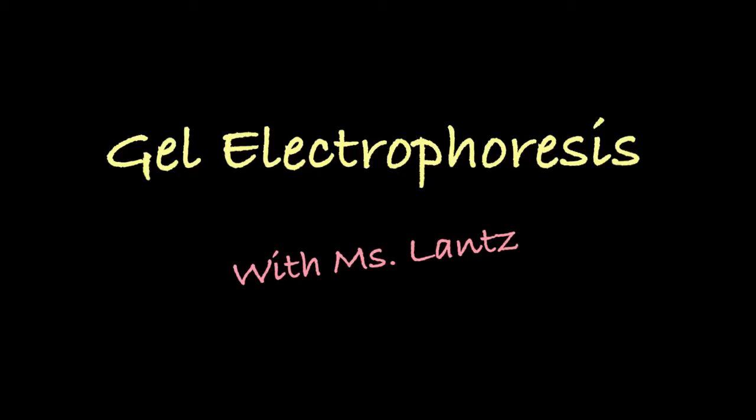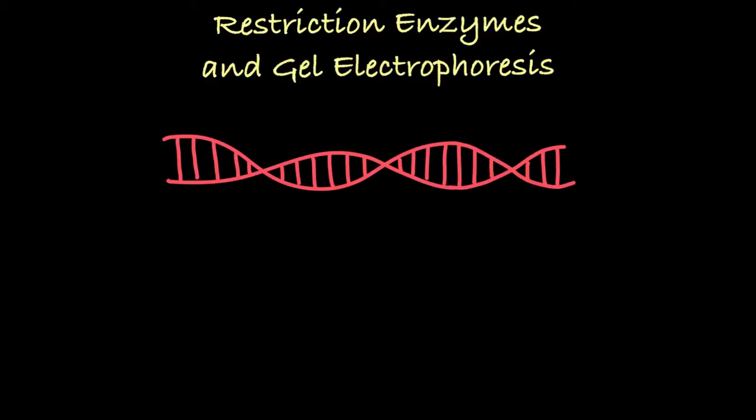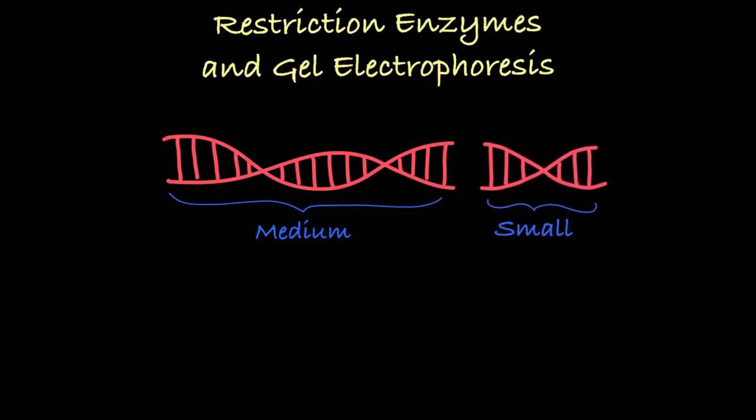In this video, I will be discussing how gel electrophoresis is used to separate DNA fragments of different sizes. So let's say you have a sample that has a bunch of copies of this piece of DNA, and you use a restriction enzyme to digest this molecule into two pieces. Here is the restriction site, so we cut here and create a small fragment of DNA and a larger fragment of DNA.